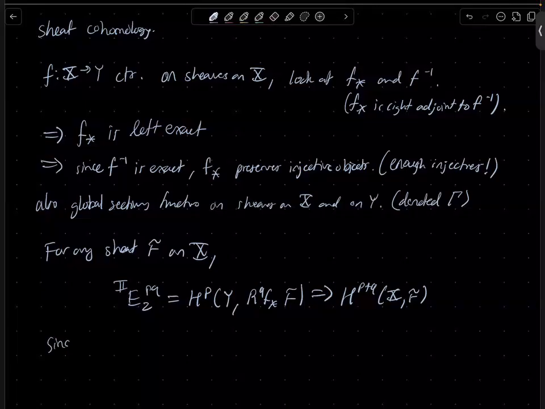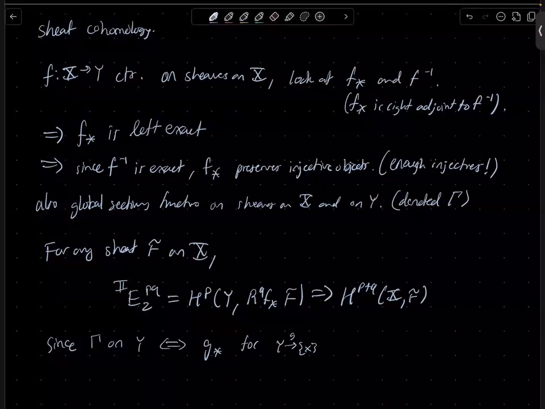The global sections on the space Y is the same as the push forward for the map from Y into a one-point space.